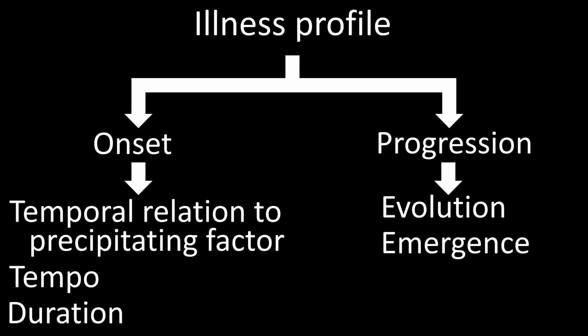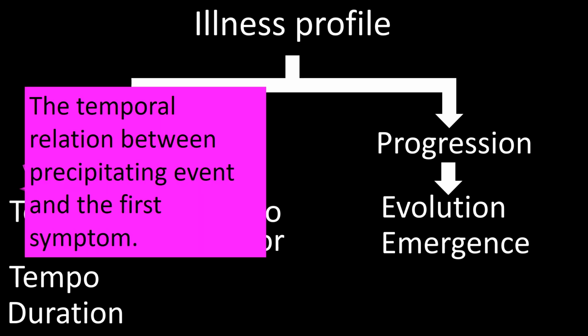We saw this diagram in the process of answering the last question. As you know, one of the factors that determines the illness profile is the mode of onset of the illness, which has three components: the temporal relation between precipitating events and the first symptom.